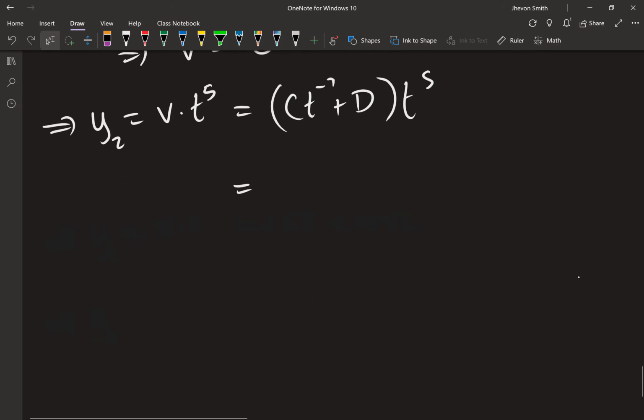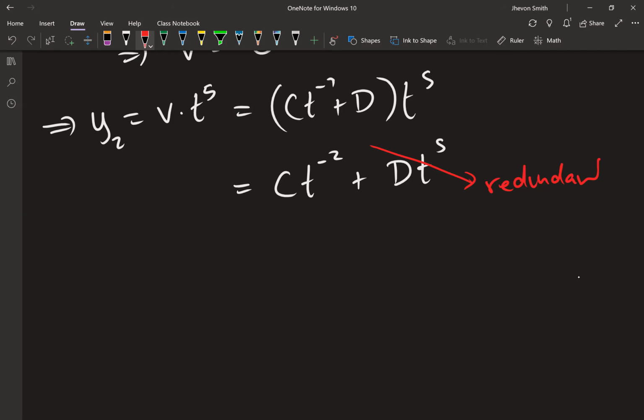This is going to be ct to the minus 2 plus dt to the 5th. This guy here, redundant. We have already accounted for him, which means that this guy here is our second solution.